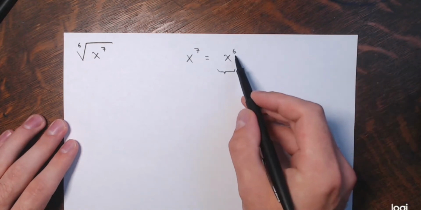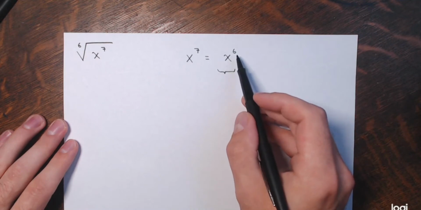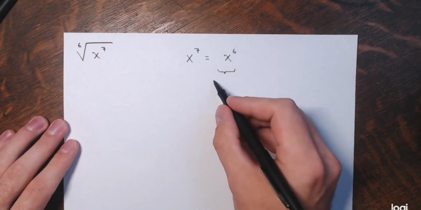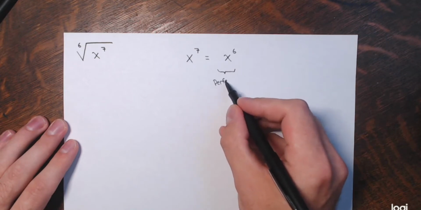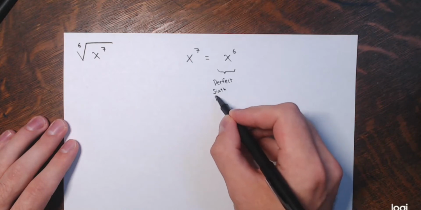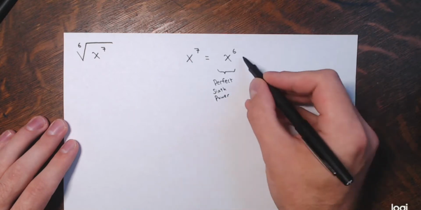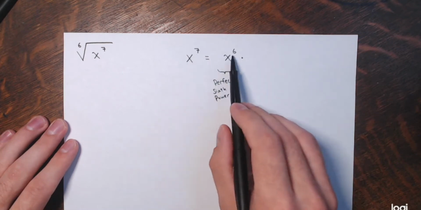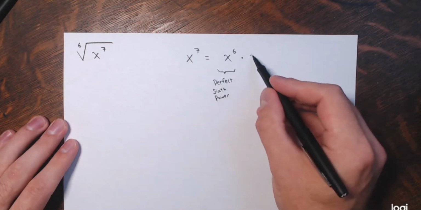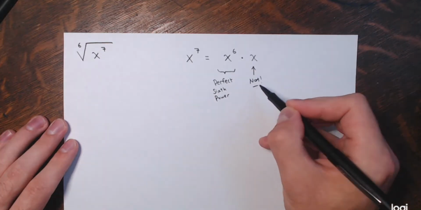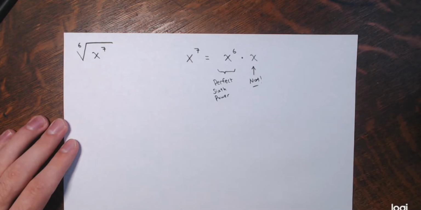Anything with an exponent that's a multiple of 6, to the 6th power, to the 12th power, to the 18th power, would be a perfect sixth power. Times, and then some, the factors that are not perfect sixth powers. Well, I already used 6 of the factors of x. There's only one left. And I'll just put x. That's not a perfect sixth power.